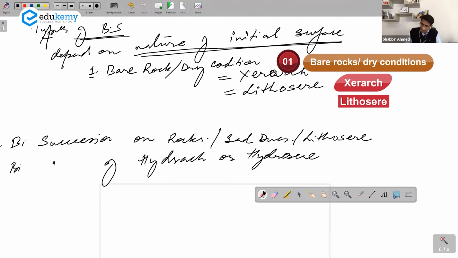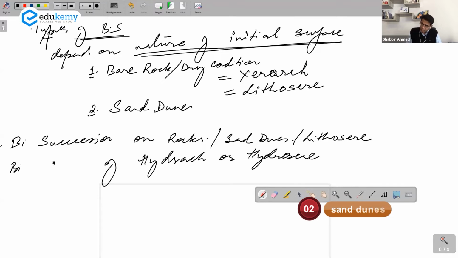If it is on sand dunes, it's called samosere.